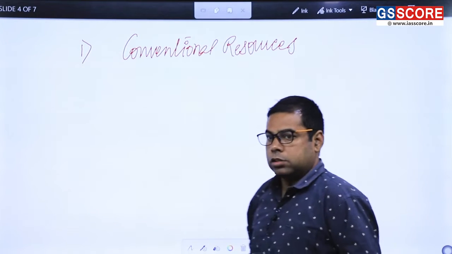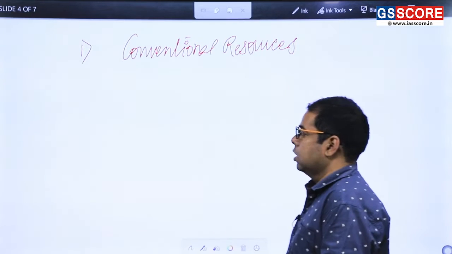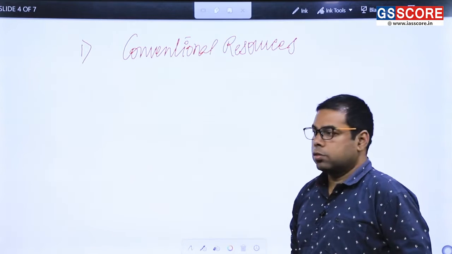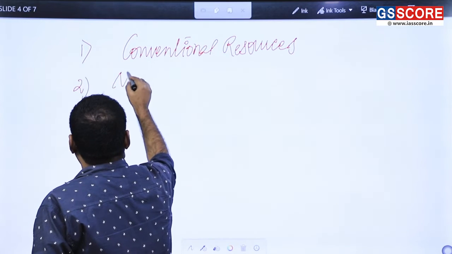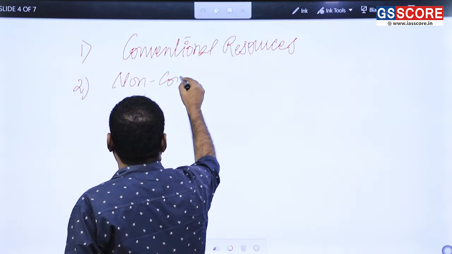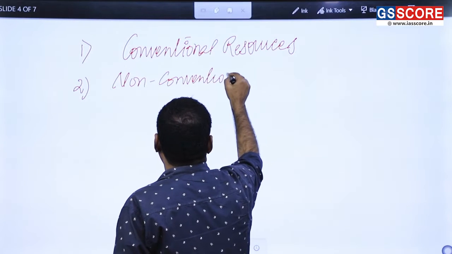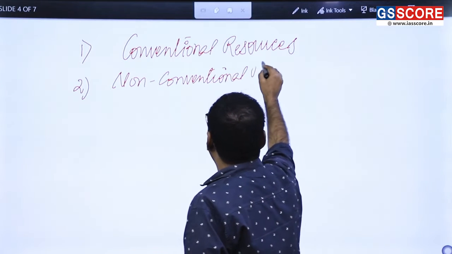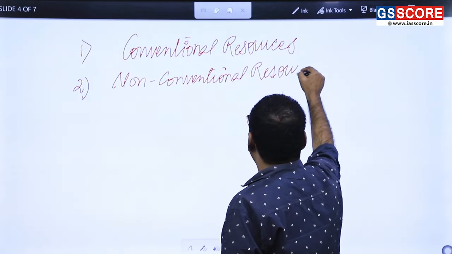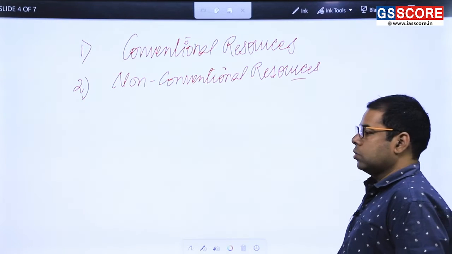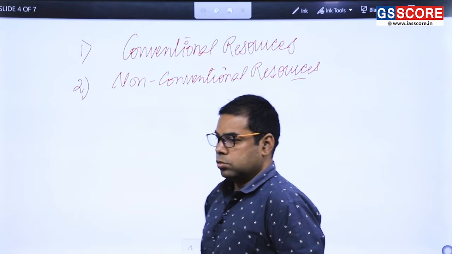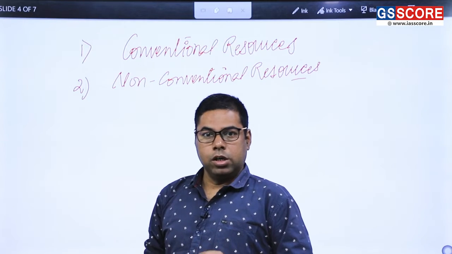So we have been studying this aspect in our common syllabus also. Number 2 part is non-conventional resources. So these two parts of the resources are very important in the economic activities of the natural environment.